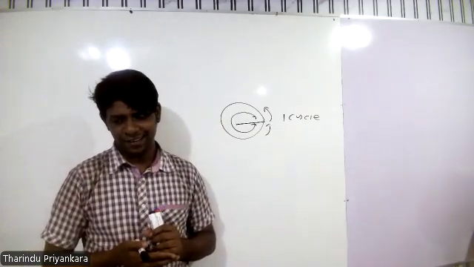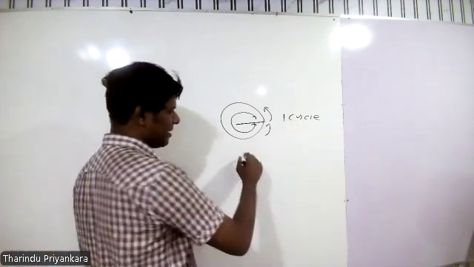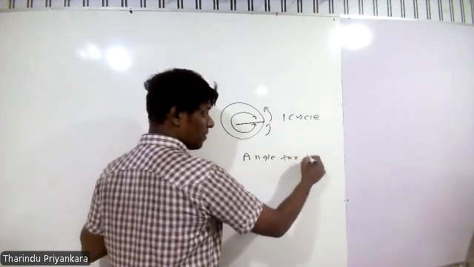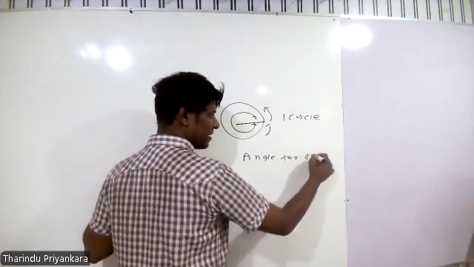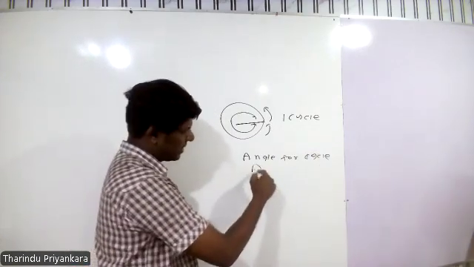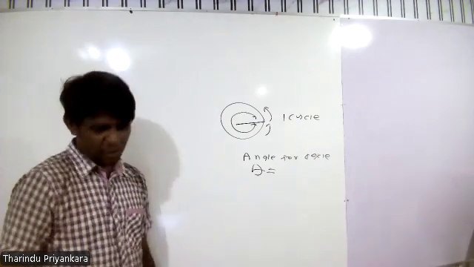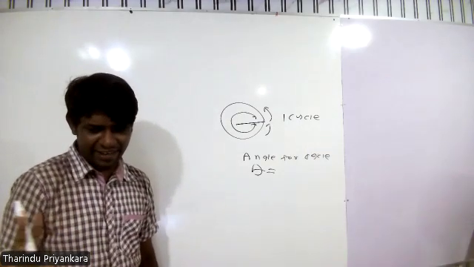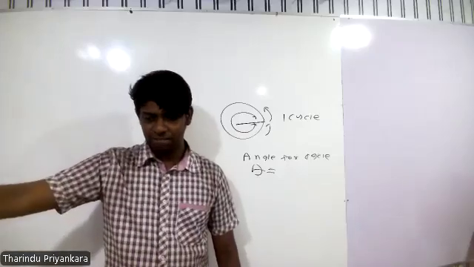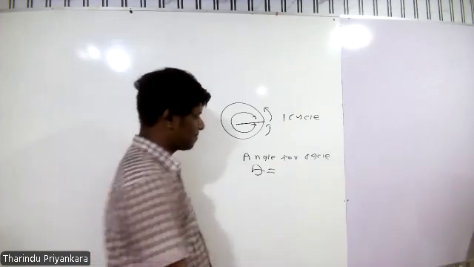Very important topic. For one cycle, tell me what is the angle? Theta equals what? No, angle in radian. Now you can't say 360, that's in O level. In A level it is radian. 2 pi.